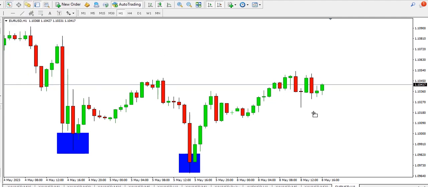So if I'm going to trade Euro USD, I wait for the neckline to be broken. This is more like the neckline. Remember, once it's broken, you enter your trade.